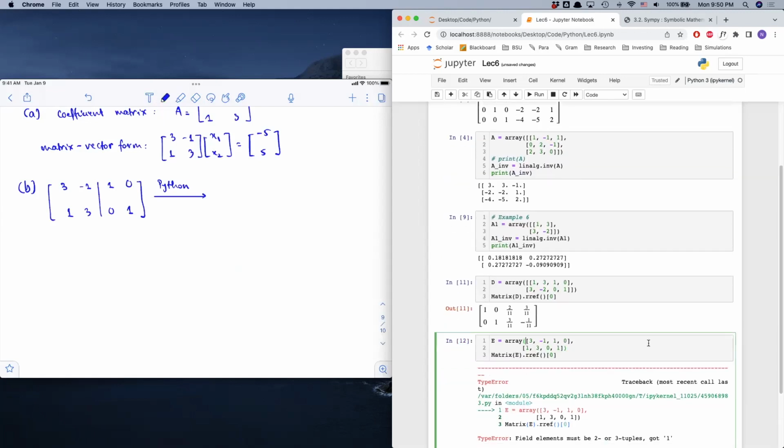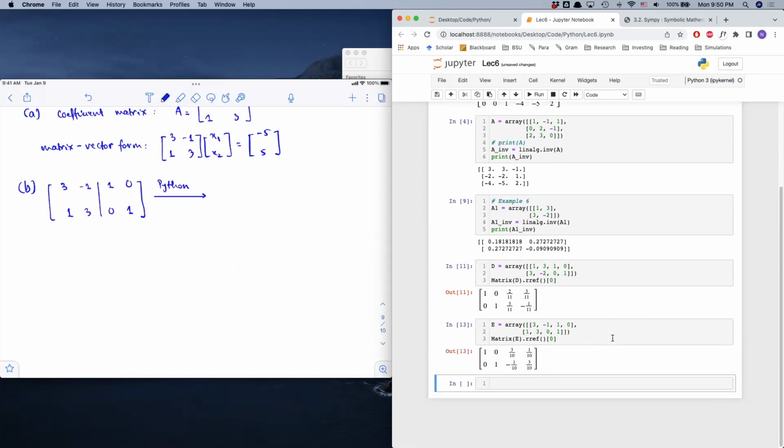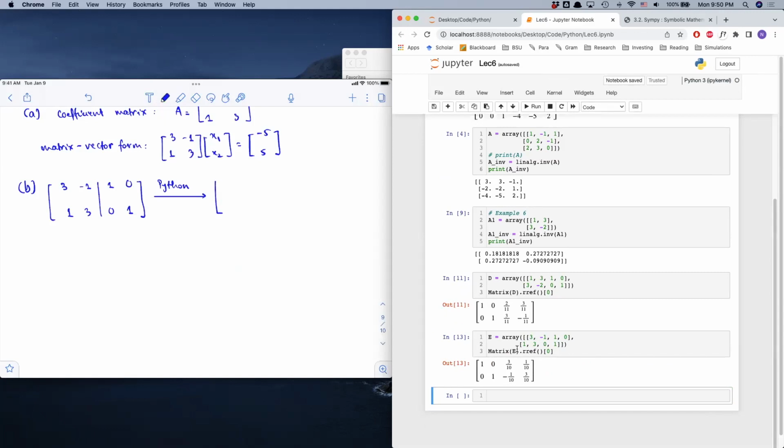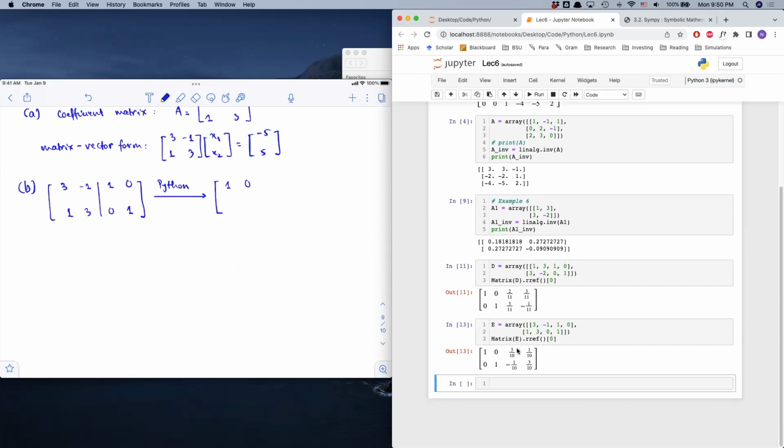I forgot to open bracket, close bracket here. All right, so I obtained this reduced row echelon form of the augmented matrix, where you have 1, 0, 0, 1, and this is 3/10, 1/10, -1/10, 3/10. Okay, so this is the 2x2 identity matrix, and this is the inverse of the matrix A.